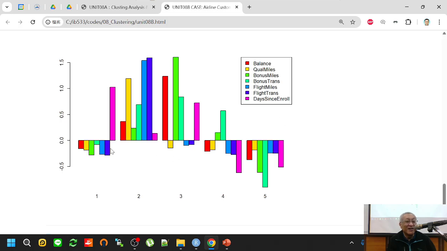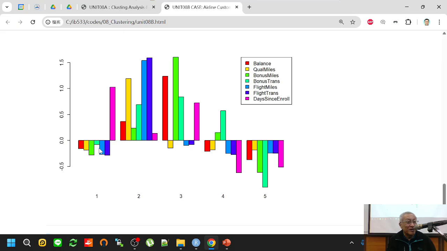And in this group, everything is below average, but they are very senior. The advantage of using standardization is that whenever the bar is above 0, it means that it is above average.